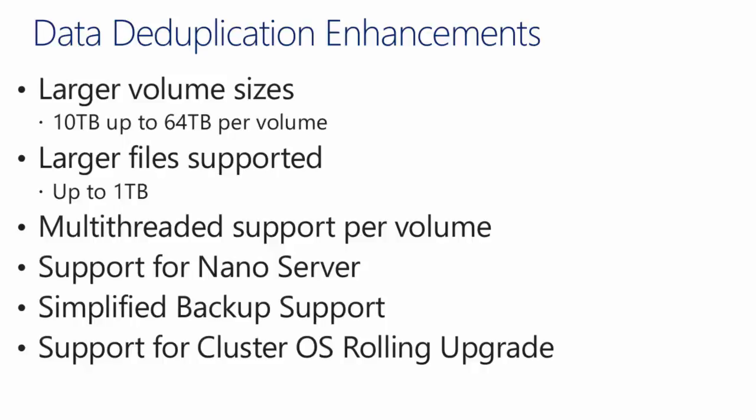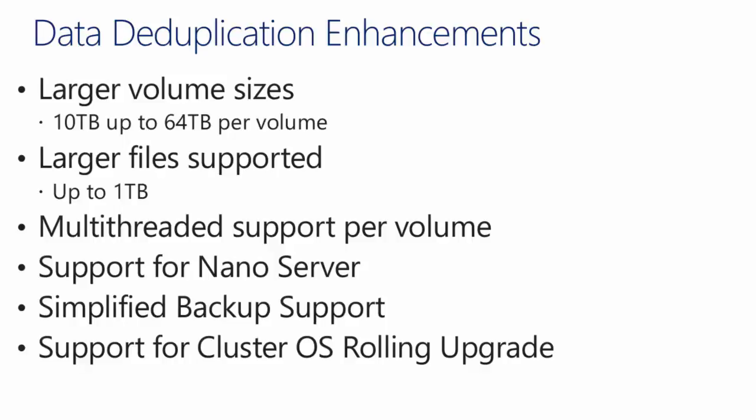Now, some other enhancements that have been made to data deduplication. So first of all, if you've been looking at Nano Server, the very, very lightweight version of Windows Server for certain workloads, if you install the storage roles with that data deduplication capabilities, it is one of the feature sets that's supported there.